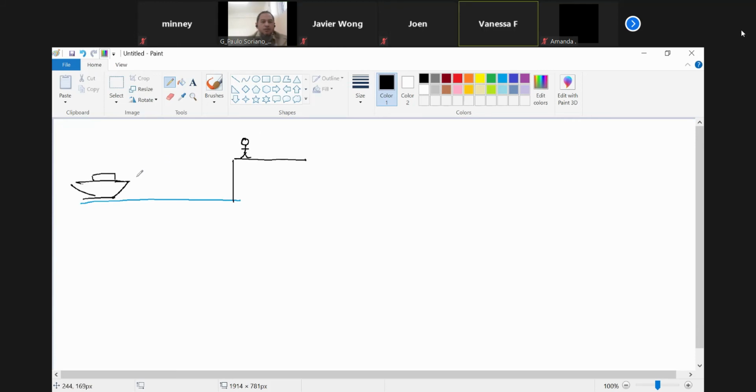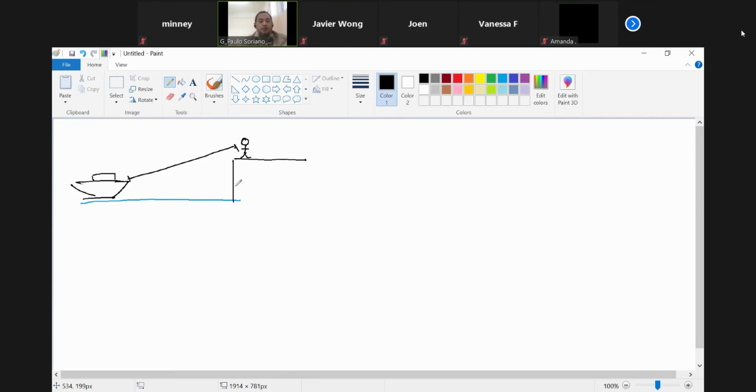You see people throwing a rope, and then they pull the boat in, correct? They pull the boat in so that it will not collide with the pier very strongly, okay?